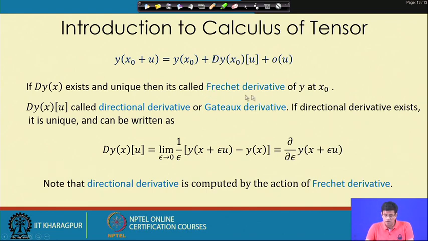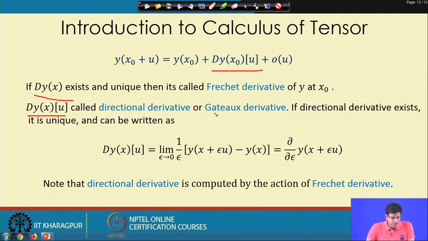So, the Fréchet derivative of y at x0, and then this total quantity is known as the directional derivative or the Gateaux derivative, where there is an implied direction u. If you look at these two expressions carefully, this is a Fréchet derivative and this is a directional derivative. So, the directional derivative actually operates on the Fréchet derivative. That means the directional derivative is computed by the action of the Fréchet derivative. We will see what this means.